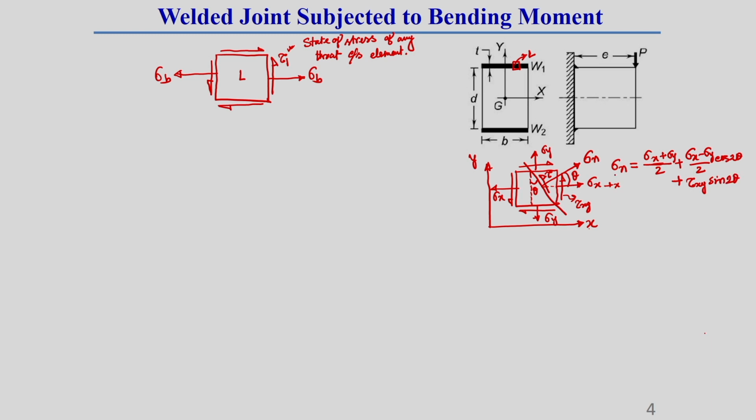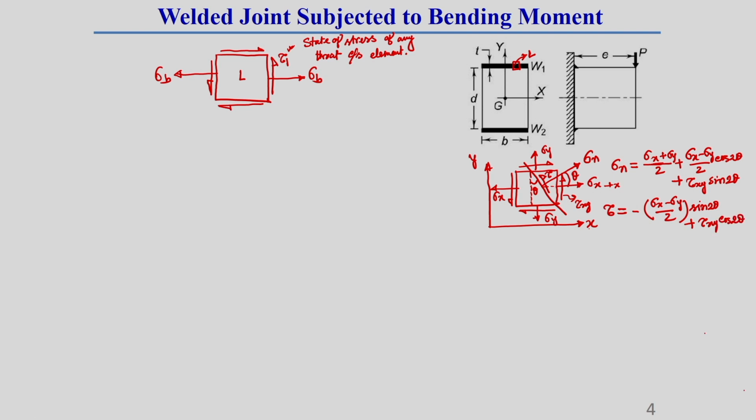This is the normal stress, and the shear stress tau on this inclined plane is equal to minus sigma x minus sigma y by 2 sin 2 theta plus tau x y cos 2 theta.